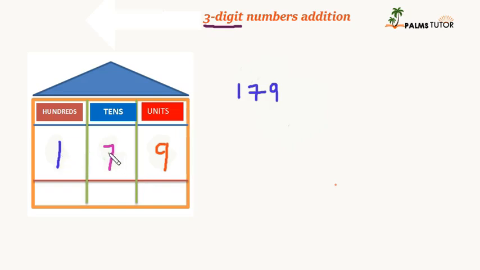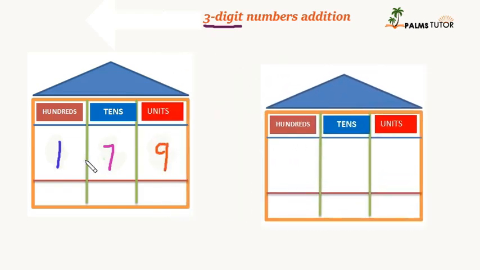How do we know what should be what in each room? This is what happens. 179 can be read as 100, 70, and 9 units.